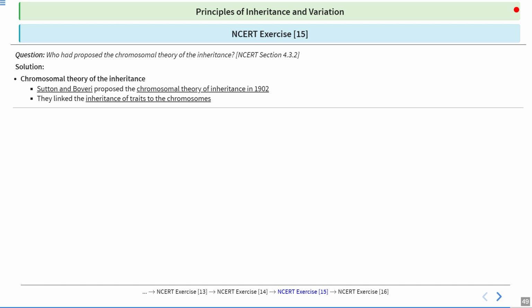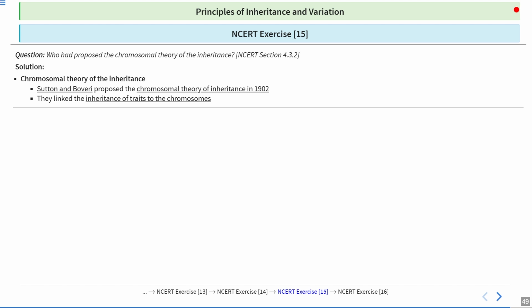If the chromosomes are segregating, then the genes will also segregate. They will follow the same segregation pattern because genes are located on the chromosomes. Genes are linearly arranged on the chromosomes. So their behavior is parallel to each other. Both of them behave in a similar manner.